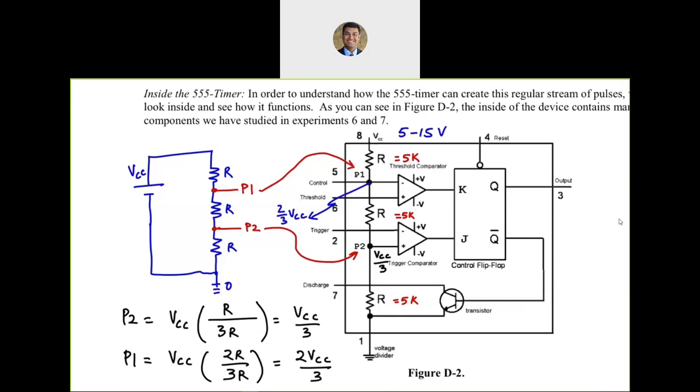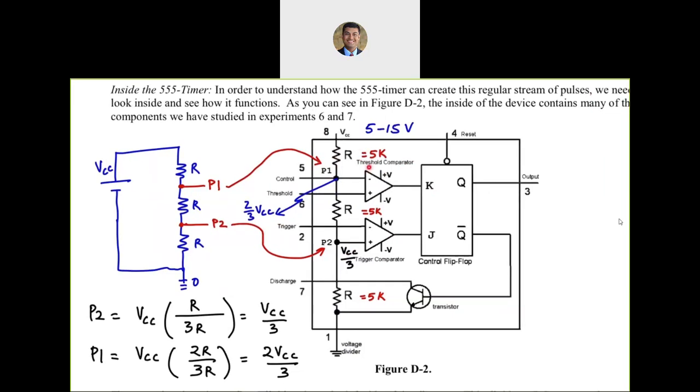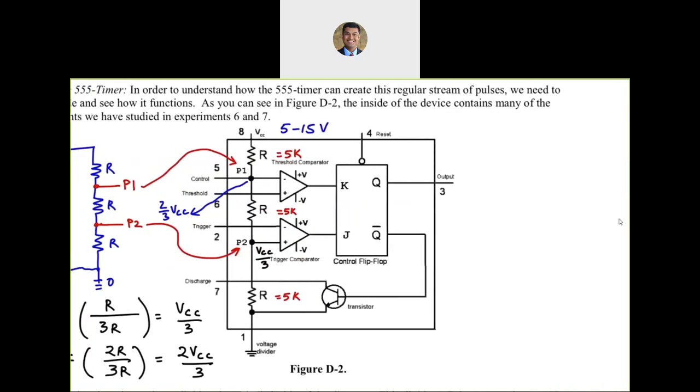So next we'll focus our attention on this particular comparator, the threshold comparator. This guy has two inputs. One of the inputs of the threshold comparator is P1, which is fixed. So that's 2/3 VCC.